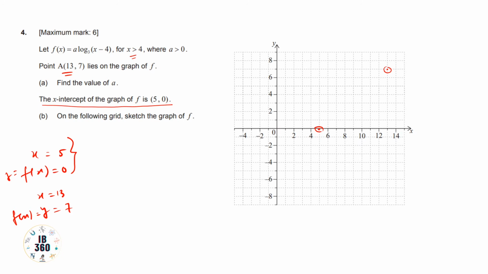So the asymptote line will be, I am writing the asymptote line, it will be on 4. This is the line for 5 and the asymptote line will be on 4. This is the asymptote line.